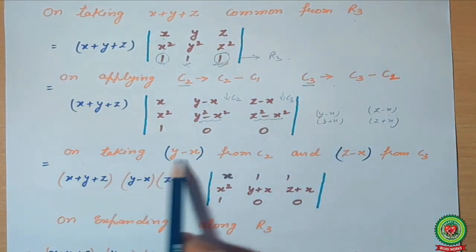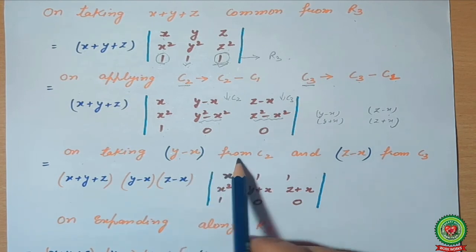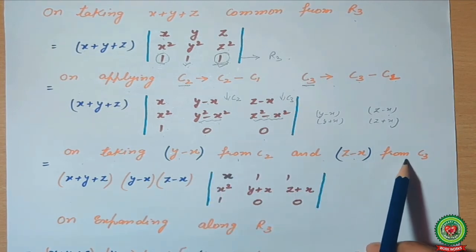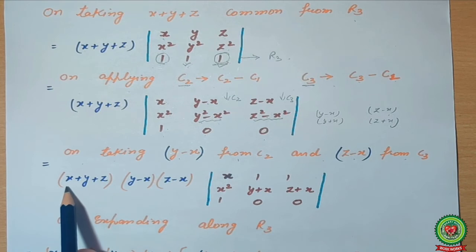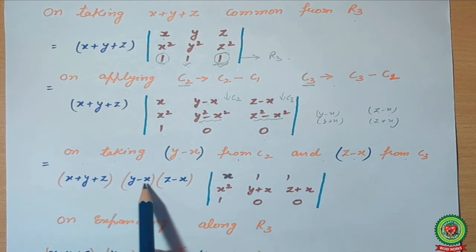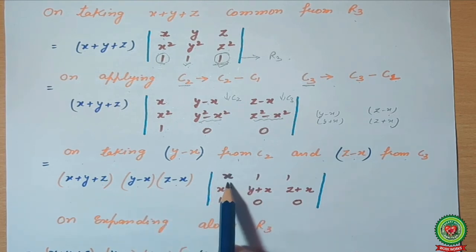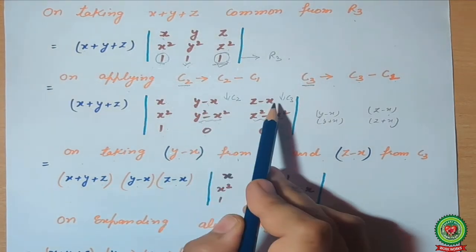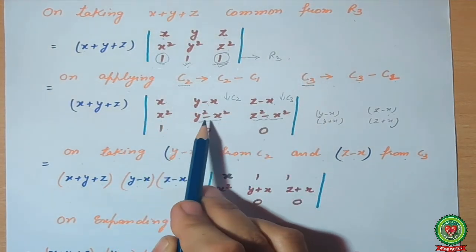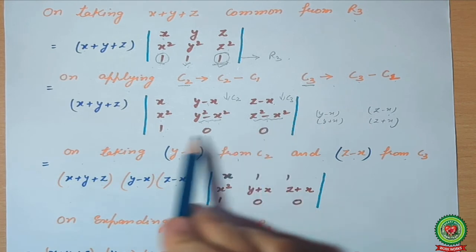When we take common y minus x from C2 and z minus x from C3, x plus y plus z is already outside the determinant. Y minus x is there, z minus x is there. Now, the left elements of the determinant are x, 1, 1, x square, y plus x, z plus x, 1, 0, 0.